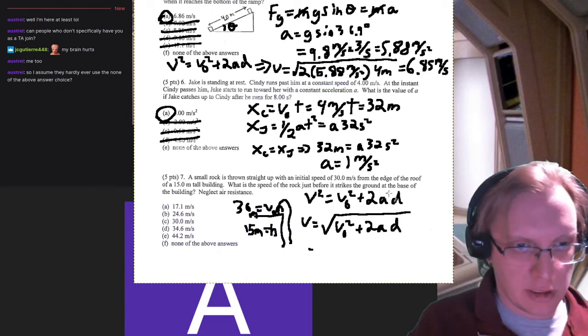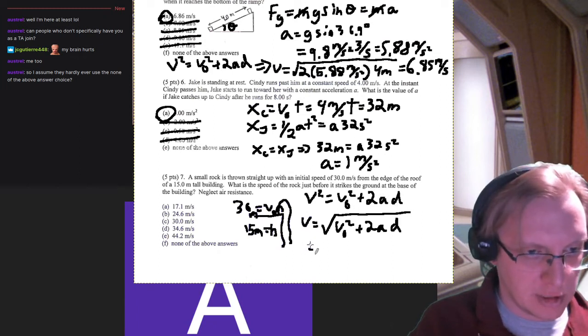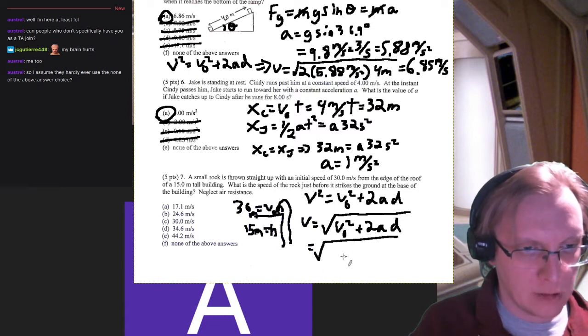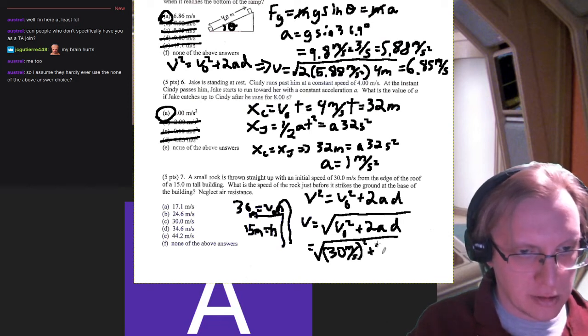So let's see here, but it does work out right. So just be careful with that. So we end up with the square root of our V naught, that's a terrible 3, try that again, 30 meters per second squared, plus 2 times our gravity.